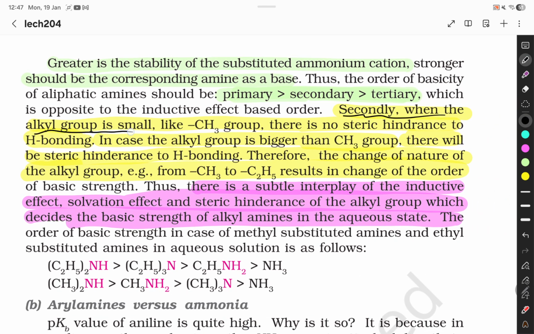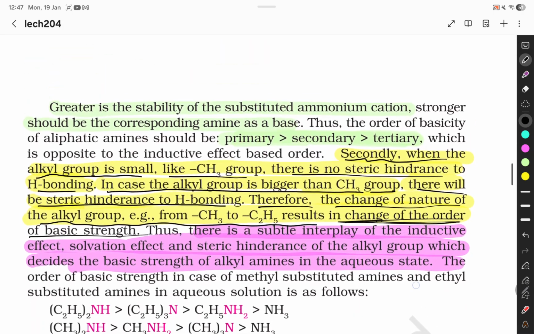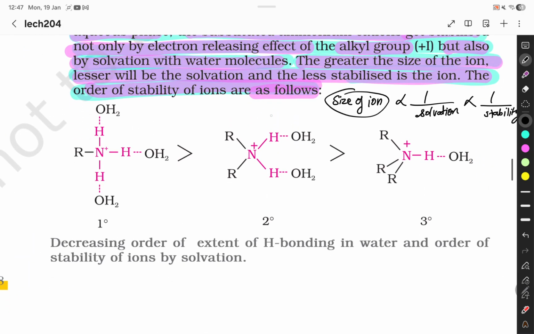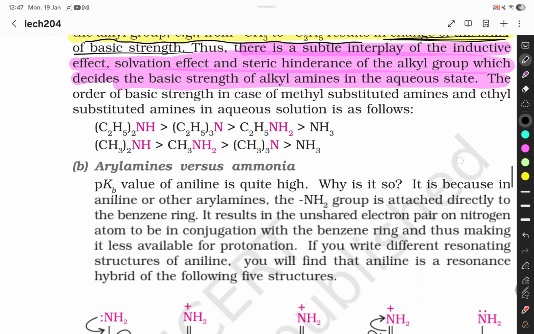Secondly, when the alkyl group is small, like the CH3 group, there is no steric hindrance to H bonding. In case the alkyl group is bigger than CH3, there will be steric hindrance to H bonding. Therefore, the change of nature of the alkyl group from CH3 to C2H5 results in a change in the order of basic strength. So they're just contradicting the fact, because in primary there'll be no steric hindrance, secondary a little bit, and tertiary there might not be.